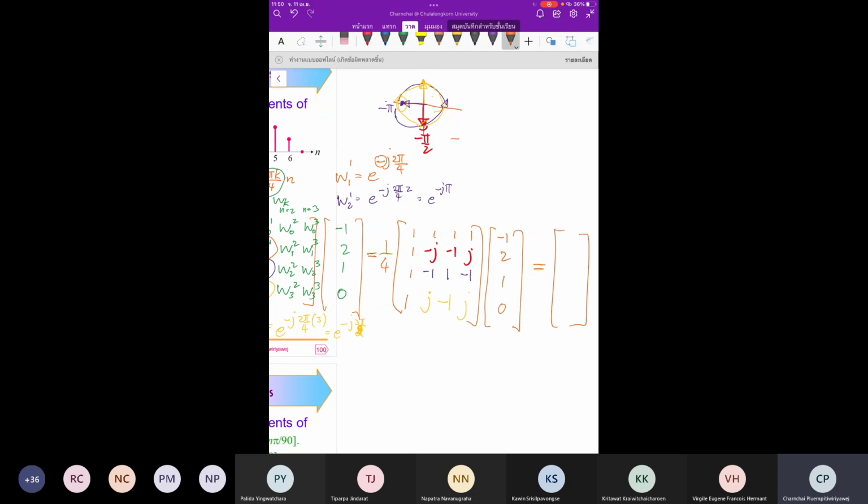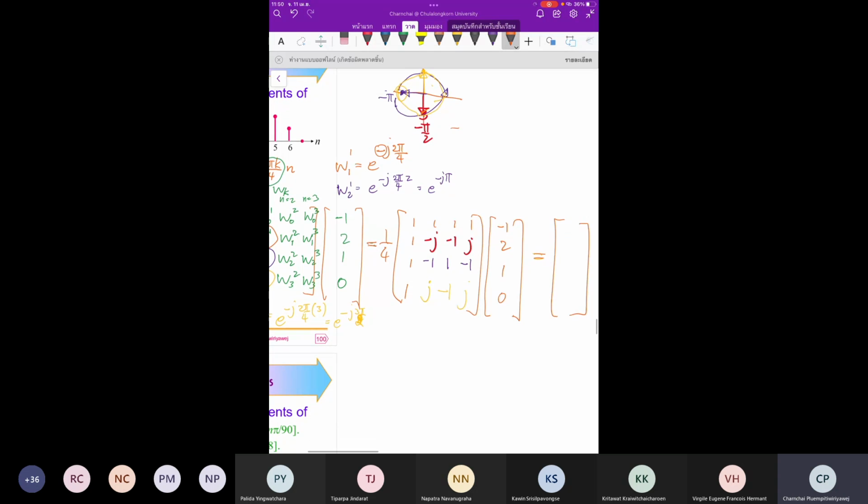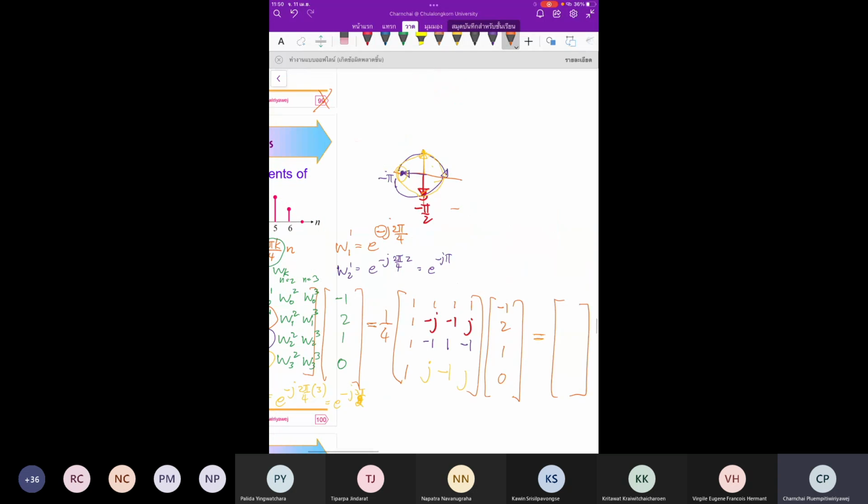Okay. Oh gosh. All right, I think that's it for today. Okay. I'll give you homework problems to practice on, to find these Fourier series, DTFS and DFT.